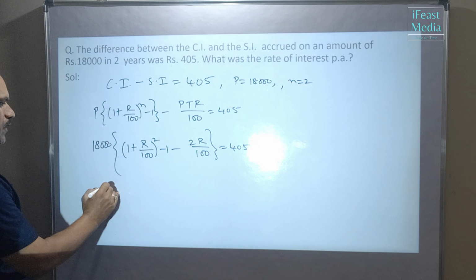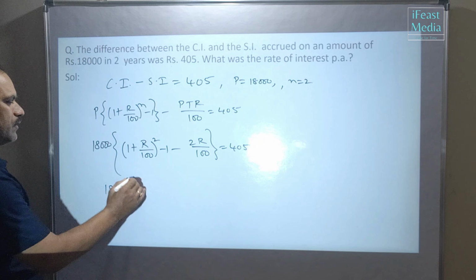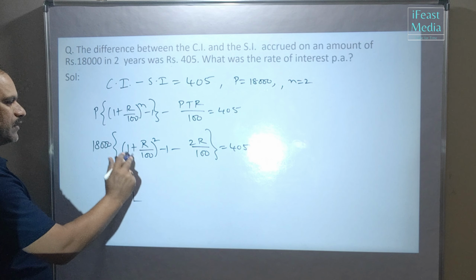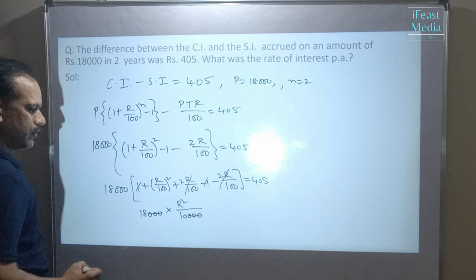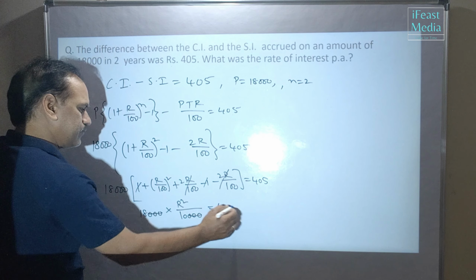So now, 18,000 into, you square this, A plus B whole square: 1 square, 1, R by 100 whole square, and 2AB term, 2 into R by 100, minus 1 minus 2R by 100 equal to 405. 2R by 100 gone, 1 gone, 18,000 into R square by 10,000 equal to 405.